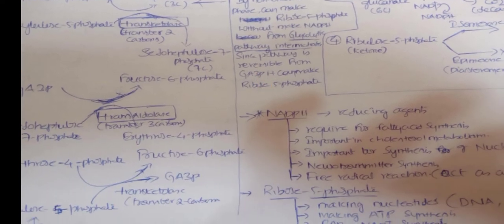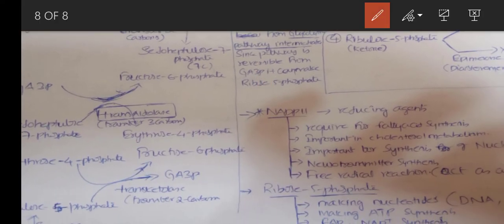So what is the use of this NADPH and ribose 5-phosphate? NADPH is a reducing agent because it contains hydrogen. It will give the hydrogen to some other substrate. Since it is giving hydrogen, it can act as an antioxidant. Whichever is gaining, the NADPH will act as a reducing agent because it will reduce other substances.